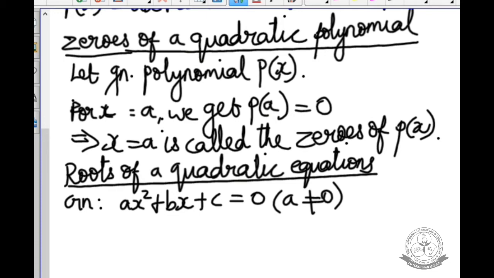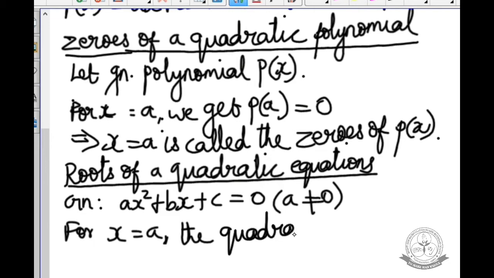Suppose for x equal to a, the quadratic equation ax squared plus bx plus c becomes 0.